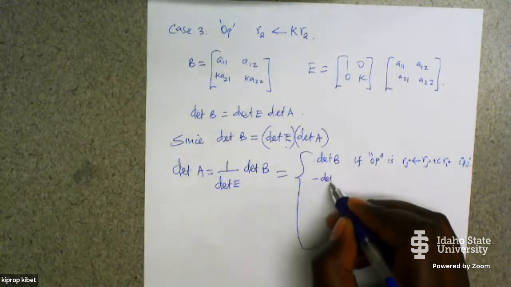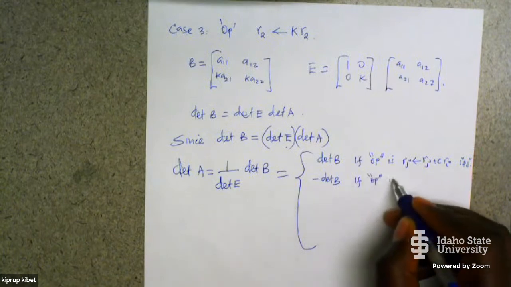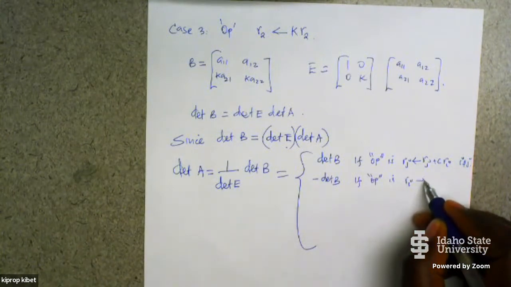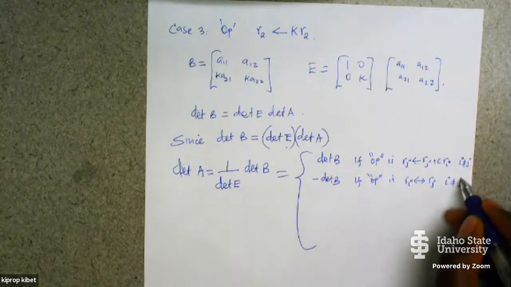It is negative determinant of B if the operation is switching Ri and Rj, where i is not equal to j.